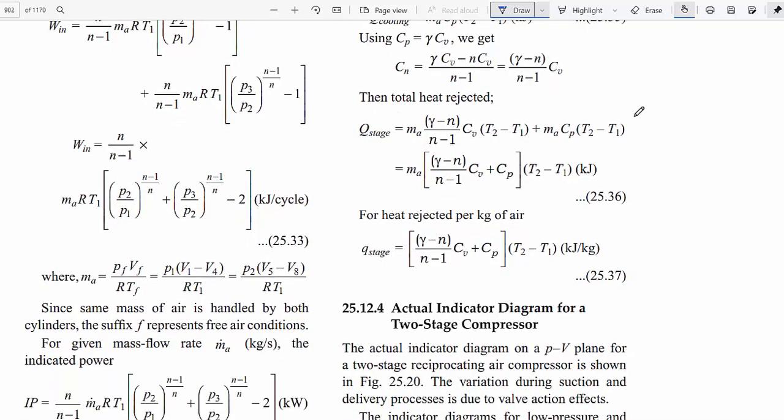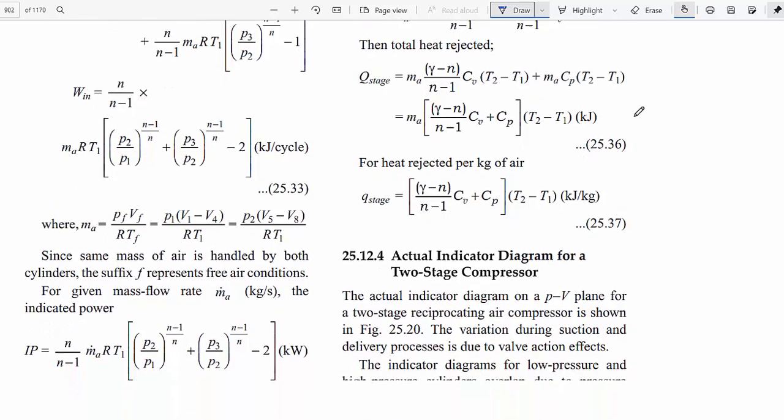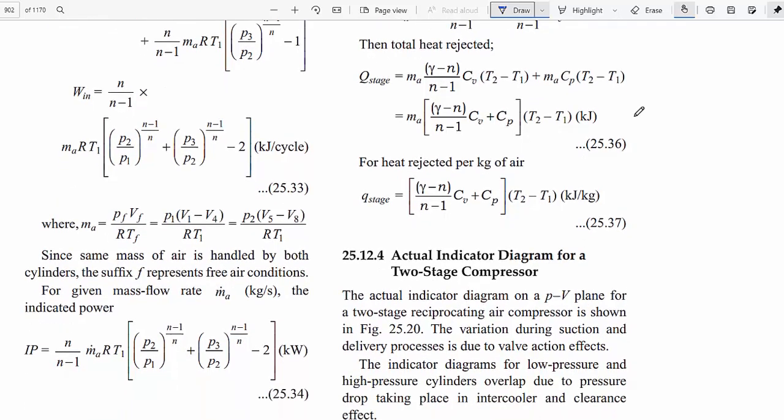m_a equals P_f into V_f divided by R T_f, then equal to P1 into (V1 minus V4) divided by R T1, and this is equal to P2 into (V2 minus V4) divided by R T1. So the mass flow rate is the same throughout the HP and LP cylinders. Both have the same mass flow rate, so I can substitute m_a R T1 instead of P1 V1, that is P1 into (V1 minus V4) and P2 into (V2 minus V4), because both calculations give the same mass flow rate.